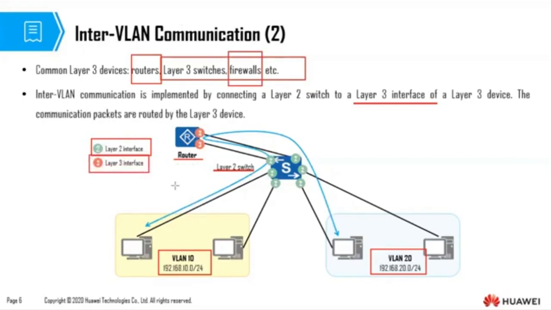So if this PC needs to communicate to this PC, that communication will go like this. It will go to the switch, then the switch will forward it to the layer 3 device. The layer 3 device will forward it back to the switch, then the switch will forward it to this device. Is that clear? Inter-VLAN communication has to go through a layer 3 device. That's what you're really supposed to understand here. It has to go through a layer 3 device.